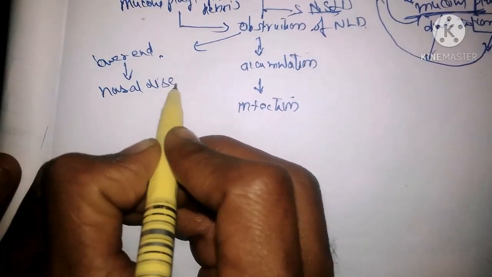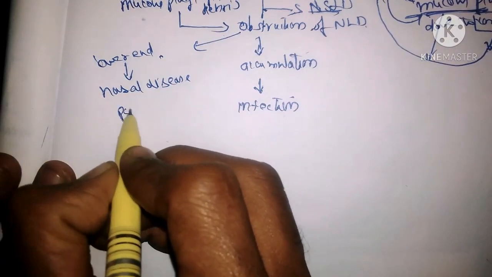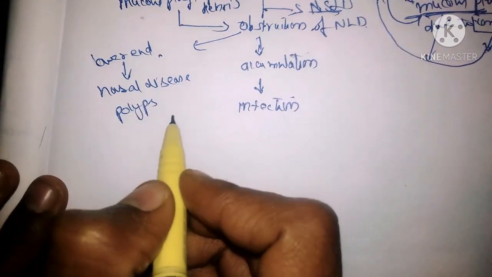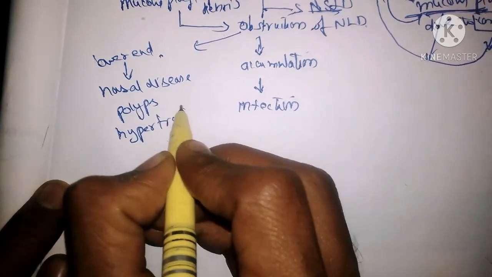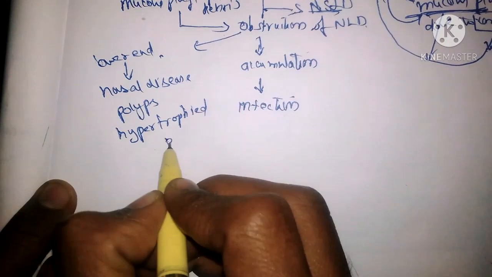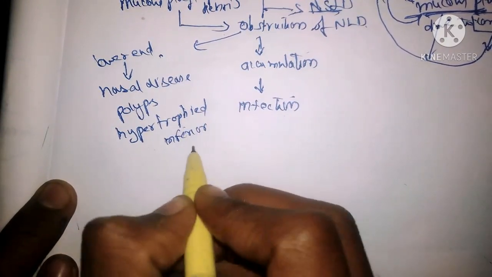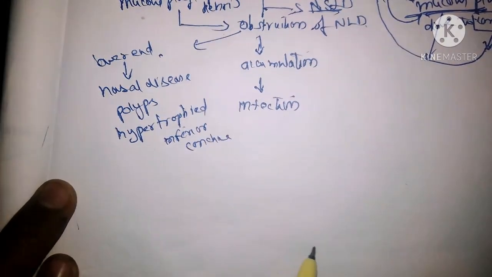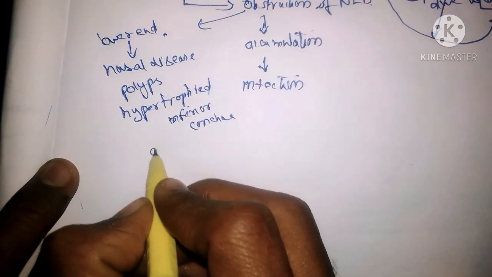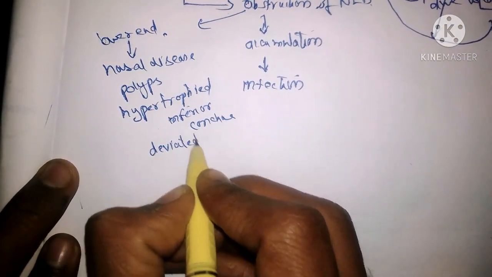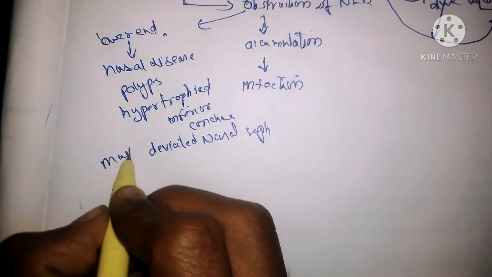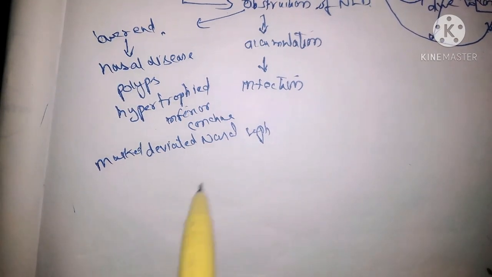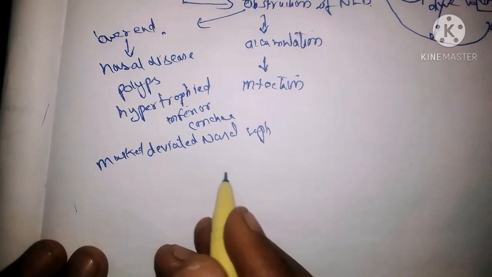When there are nasal diseases like polyps in the nasal cavity, or when there is hypertrophied inferior concha, or when there is a marked degree of deviated nasal septum. This should be severe. So when there is severe deviated nasal septum, this results in obstruction at the lower end.